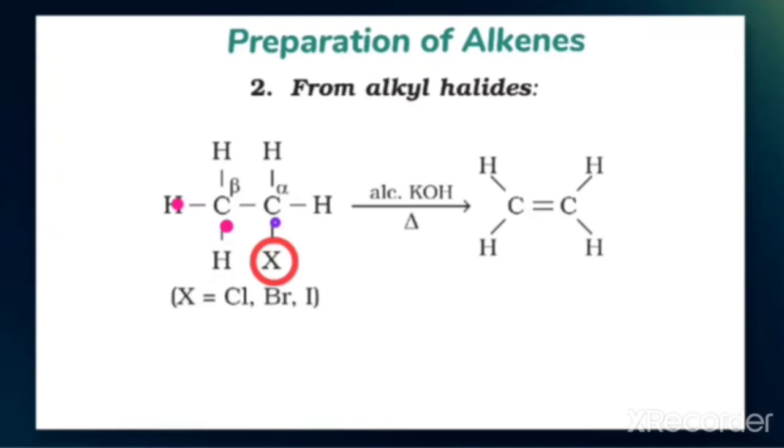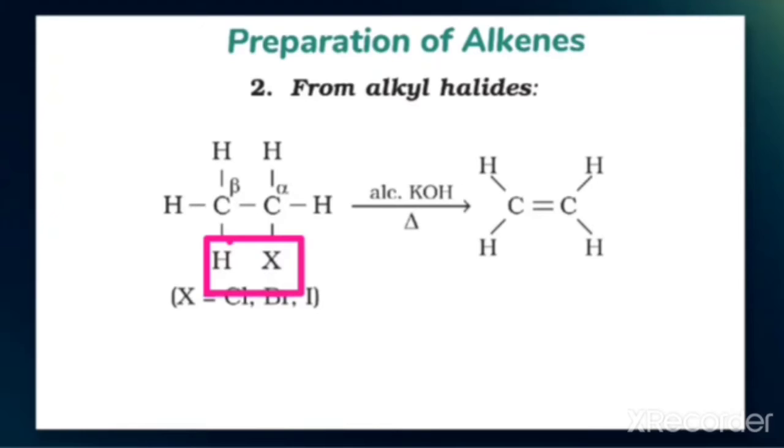So how is the reaction taking place? By the elimination of a halogen acid, that is, the elimination of HX. Now what we need to do here is eliminate the halogen and the beta hydrogen. Which one is the beta hydrogen? This is the beta hydrogen and this is the halogen.